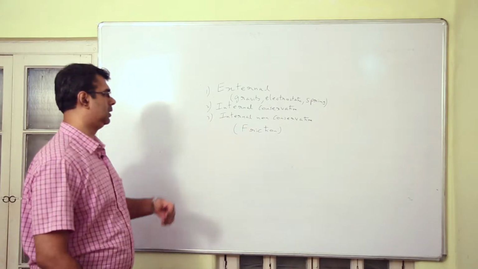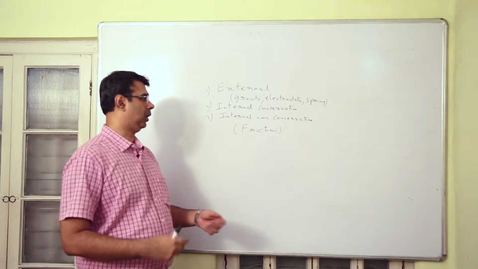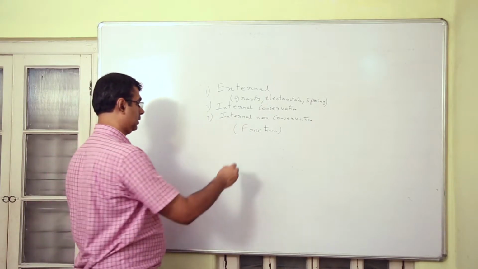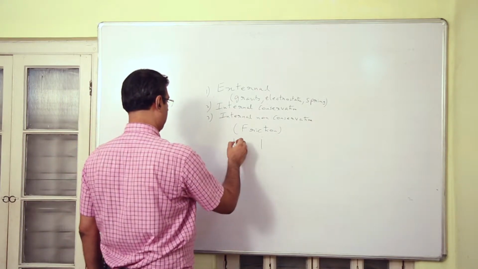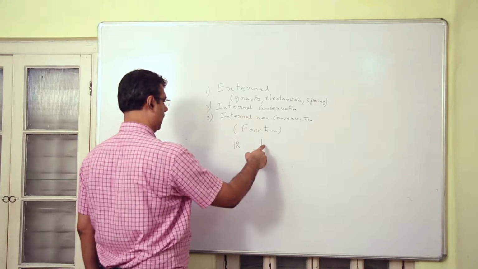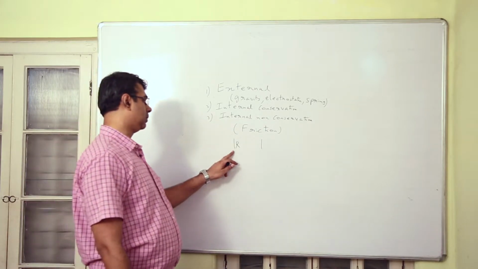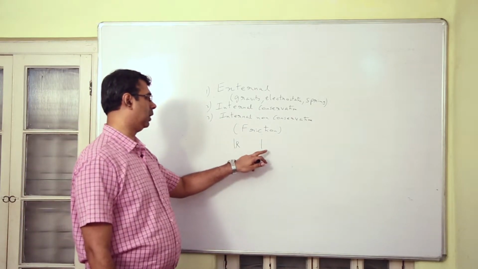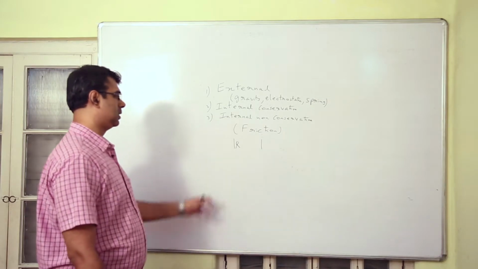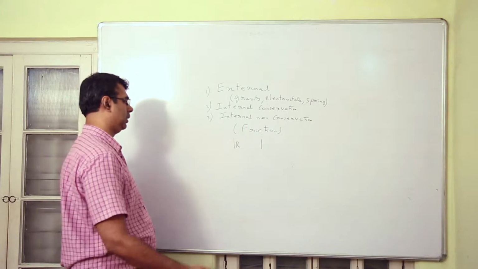Let's say you are talking about one round trip. Let's say there is a room and a boy walks from one wall to the other, and after that he walks back to the same wall. So this boy starts from this wall, walks up to that wall, and then comes back. So this is one round trip.